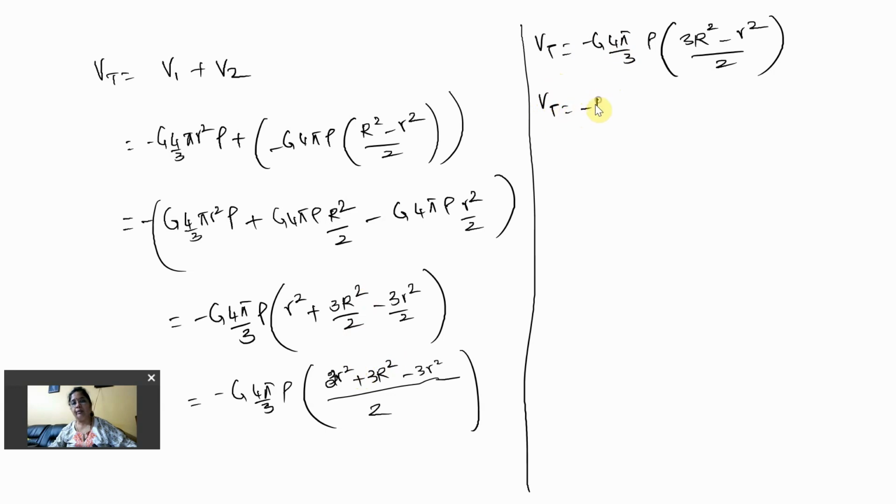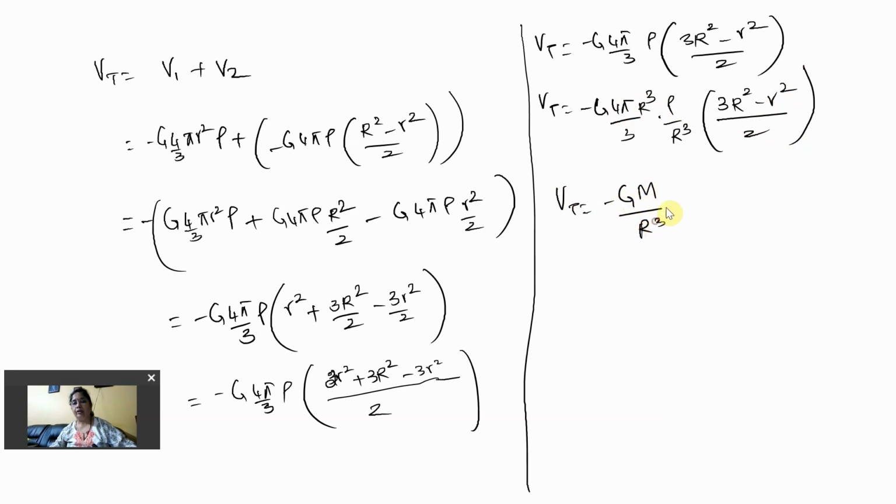So Vt is equal to minus G 4 pi by 3 R cube into rho, by R cube, 3 R square minus r square, divided by 2. 4 by 3 pi R cube is the volume of the sphere, and rho is the density of the sphere. Volume into density gives you mass. So Vt is equal to minus GM by R cube, 3 R square minus r square, divided by 2.